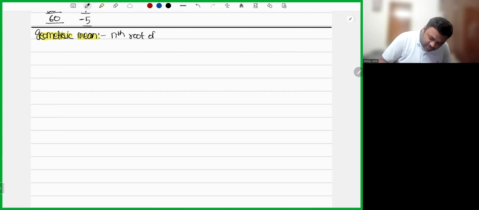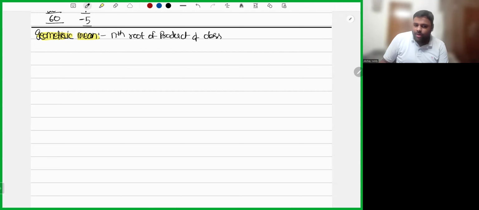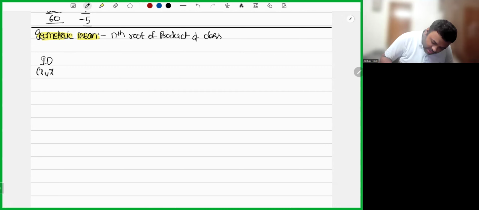If you see individual data, I'm having observations x1, x2, x3, and so on. I'm telling the nth root of the product x1 into x2 into x3, and so on till xn.